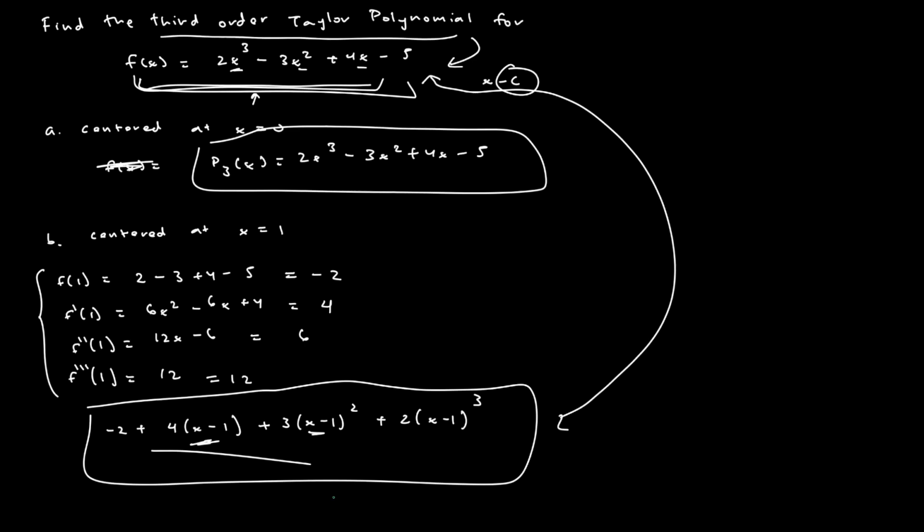But if, for example, I was taking a second degree estimate, I would only use these first three terms, and you'd expect that a second degree Taylor polynomial centered at x equals 1 has a better estimate of the value at x equals 1 than the second degree polynomial centered at x equals 0, because now you're further away from x equals 1. So hopefully that makes sense of why centering helps us.